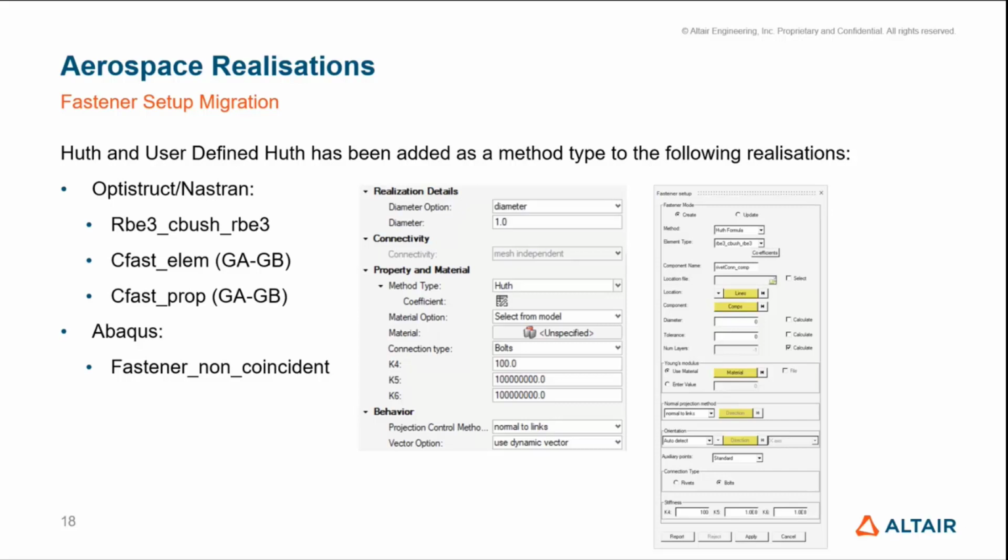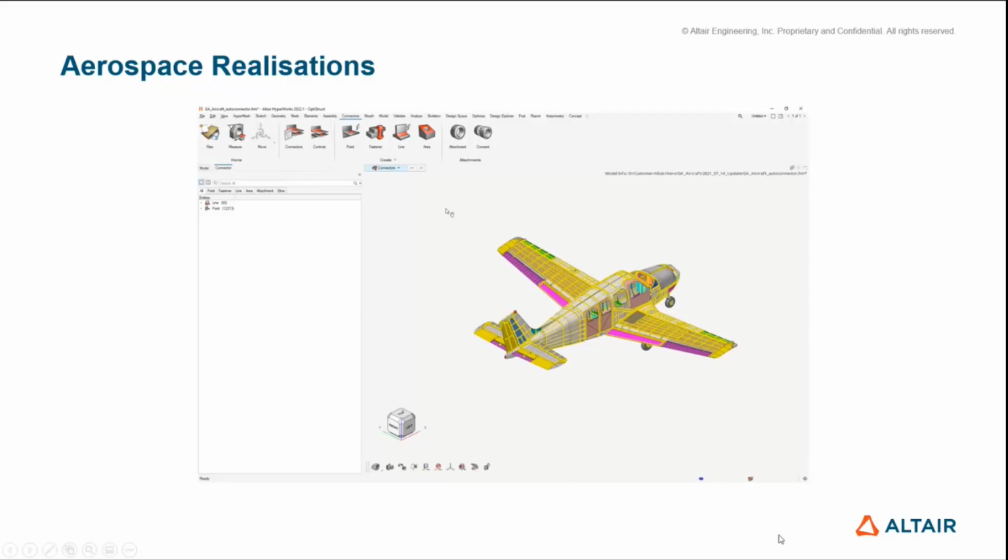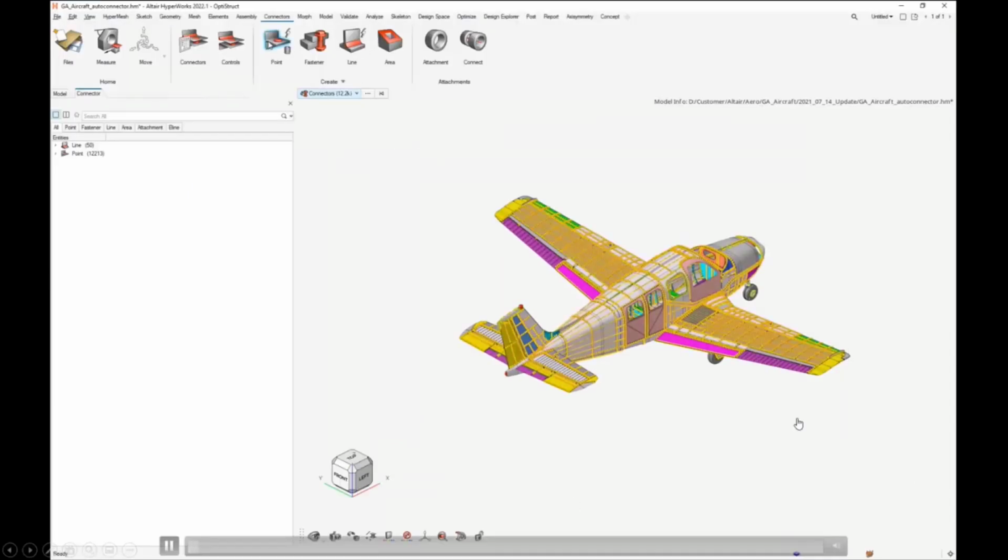We can then set up a control for each sort of connection methodology that they're using. And then using the metadata on the connector, we can use the attribute tables and column filtering to isolate those connectors and apply those controls and then go through the process there. What we're trying to build up here is a really good workflow to go from geometric representation with information to a fully realized model as efficiently and as simply as possible for your customers.